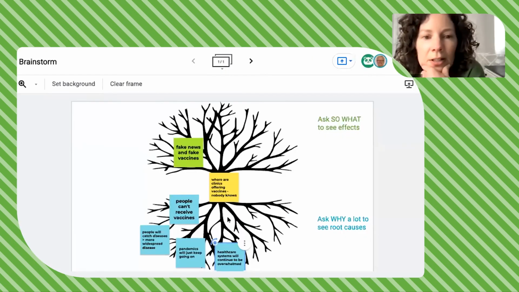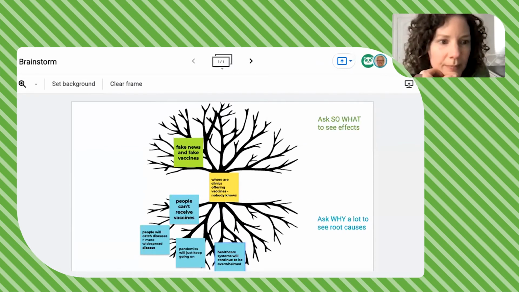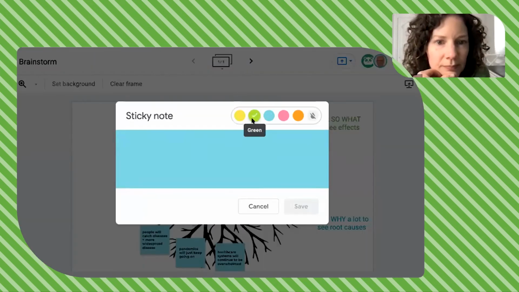Are there any other, we could go a different direction too, like if nobody knows where vaccines are, what's another sort of why is that happening? That could be a bit of the fake news thing as well. If people aren't giving the accurate information as to where the clinics are, or maybe are not reporting where they are because they are anti-vax.